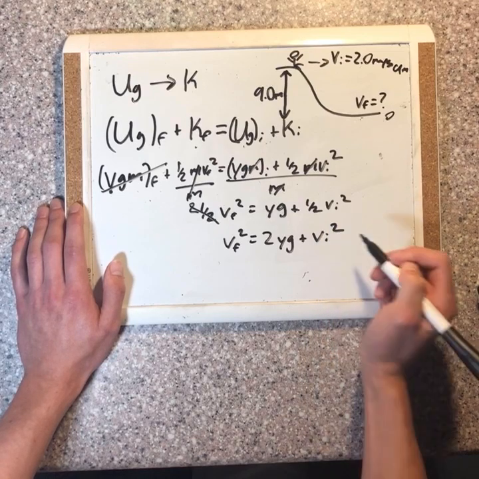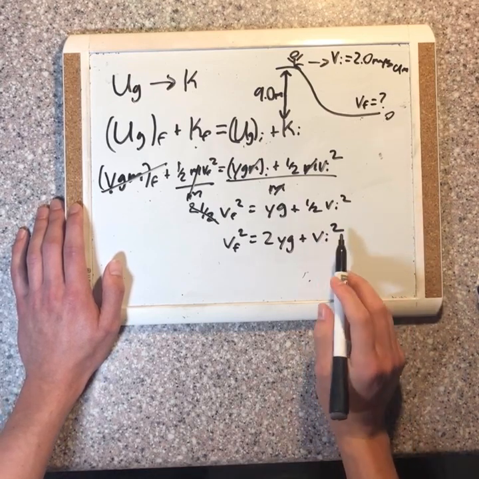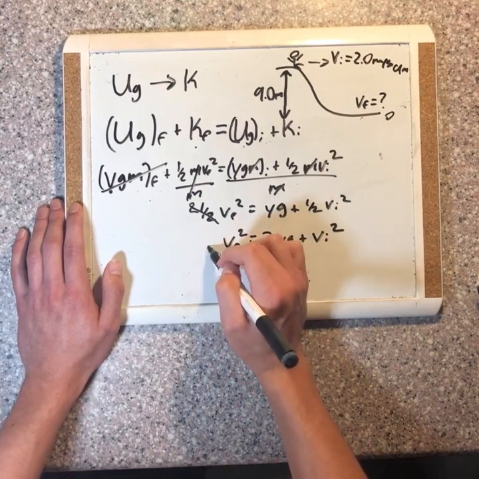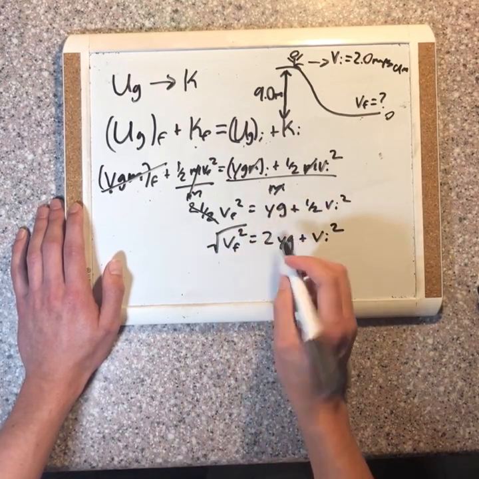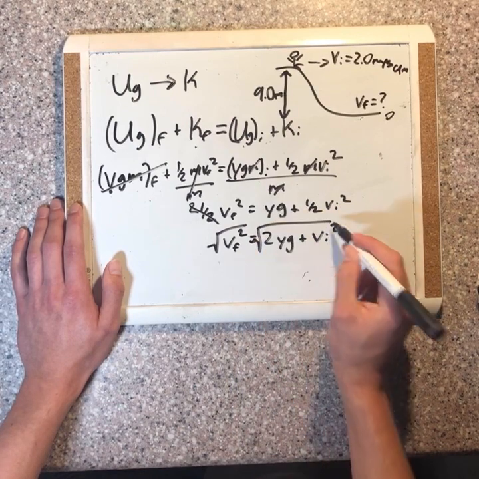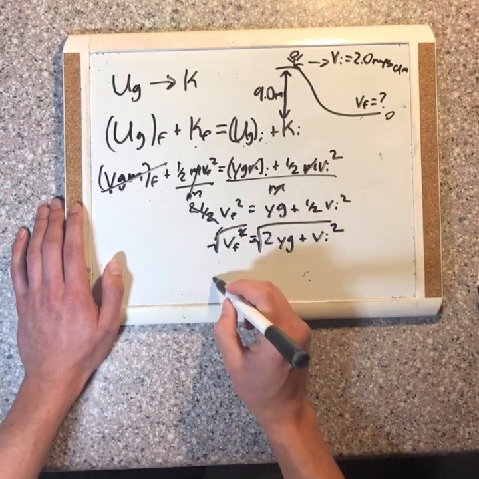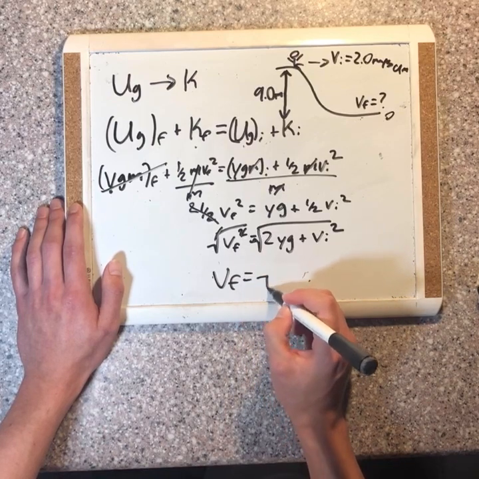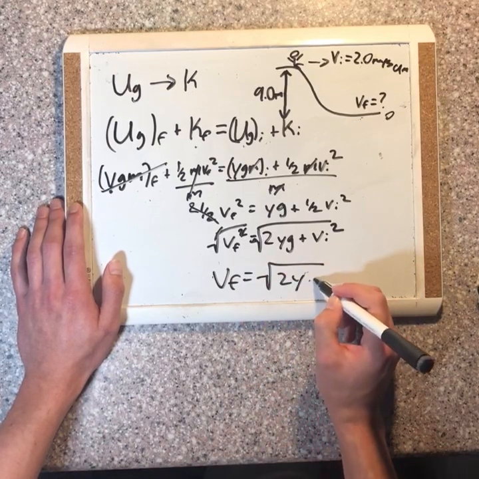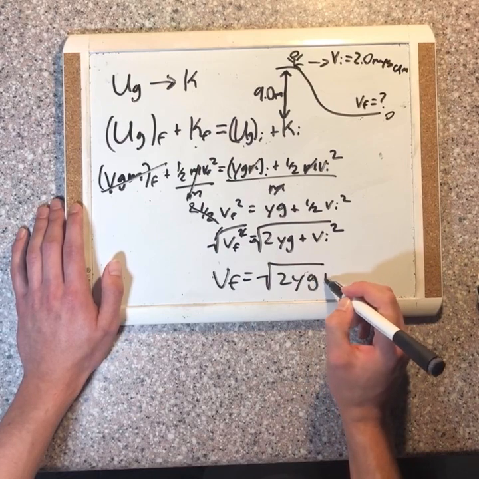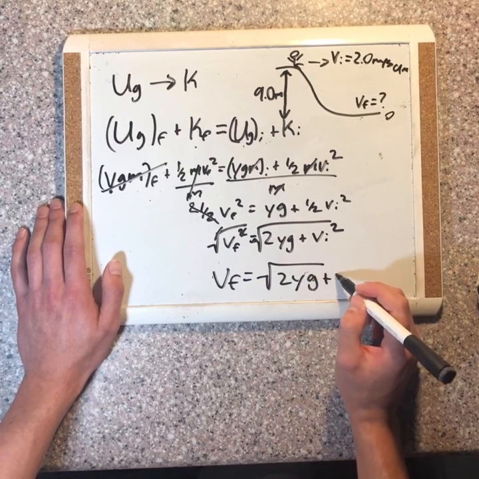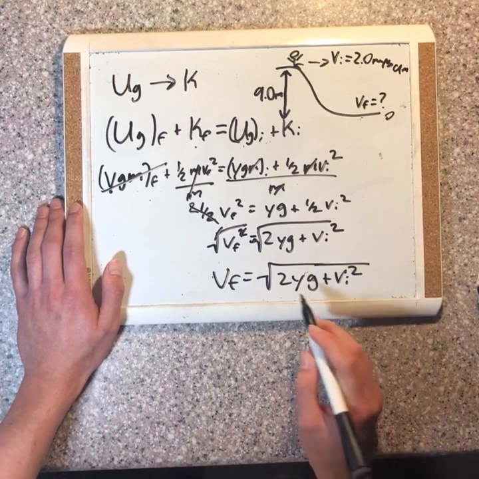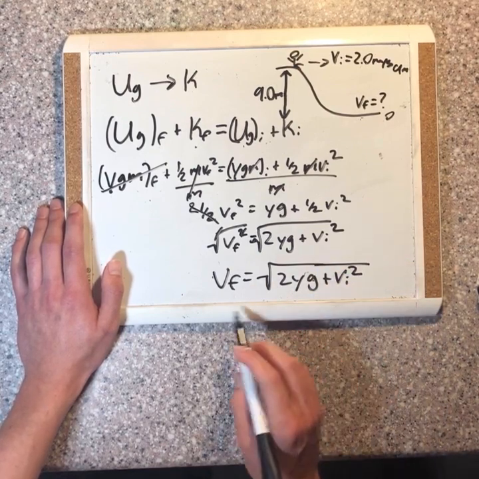The last thing we do is take the square root so that these squares cancel, and that gives us the final equation. v final is going to equal the square root of 2 times the height times the acceleration due to gravity plus the initial velocity squared. Okay, so that's going to be our equation.